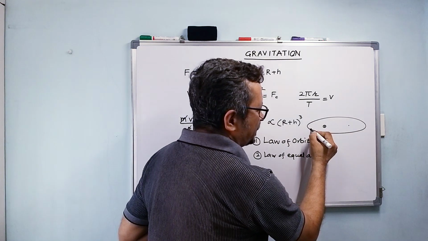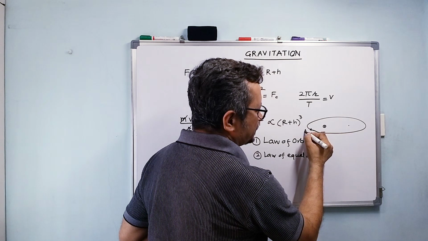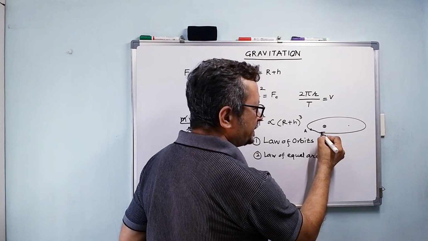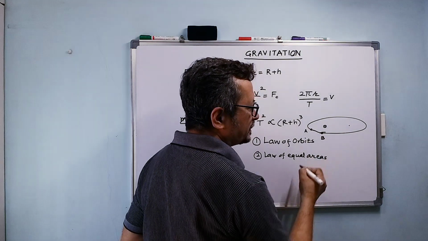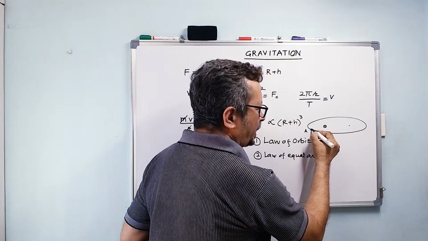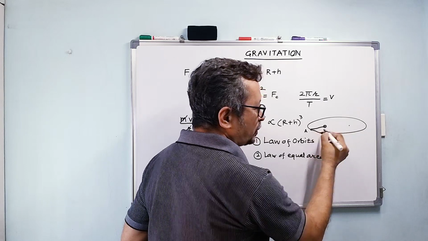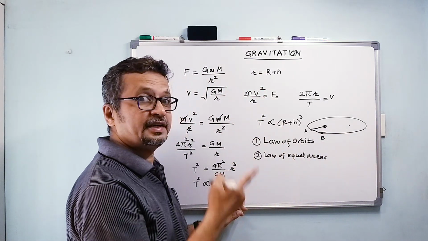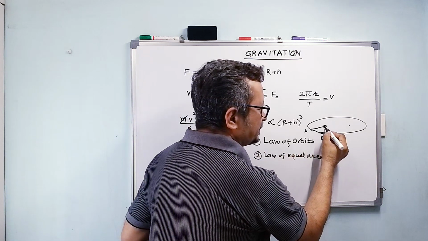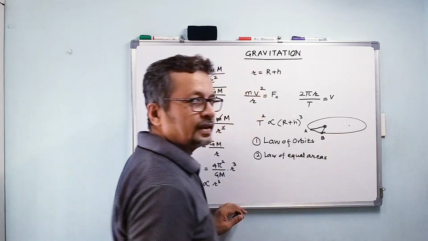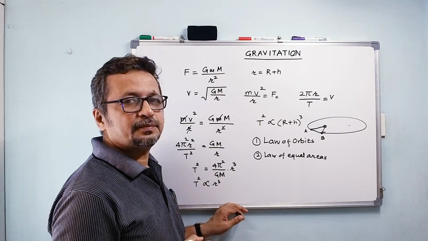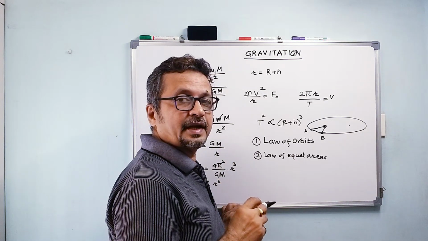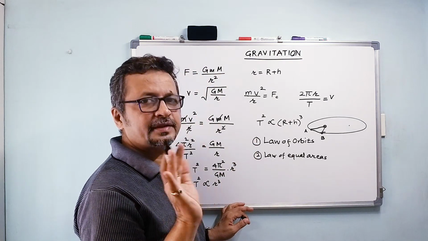For example, my planet is at position A here. In, let us say, 30 days it reaches this point B here. Now I draw a radius vector from the sun to the initial position of the planet, and then another radius vector to the next position of the planet. The time taken for traveling from A to B is, let us say, 30 days.